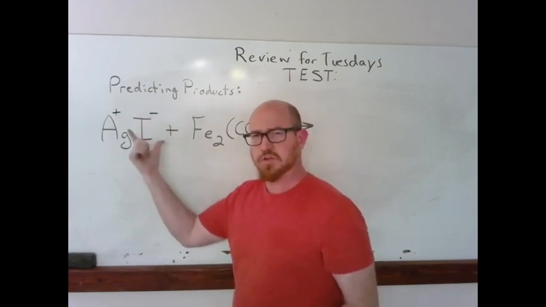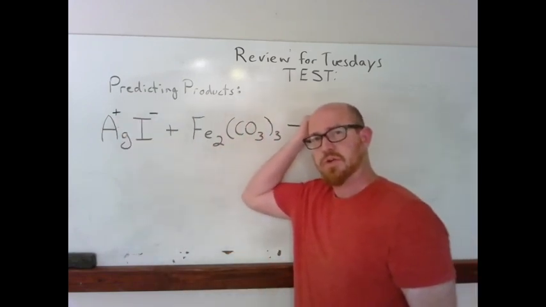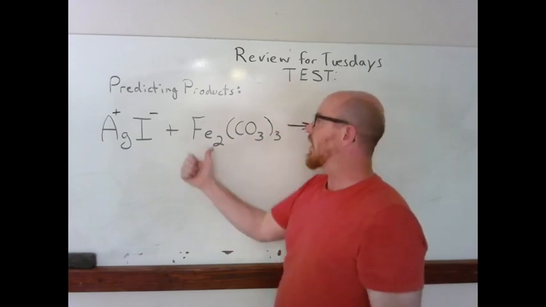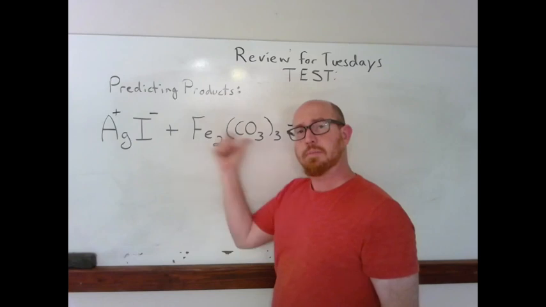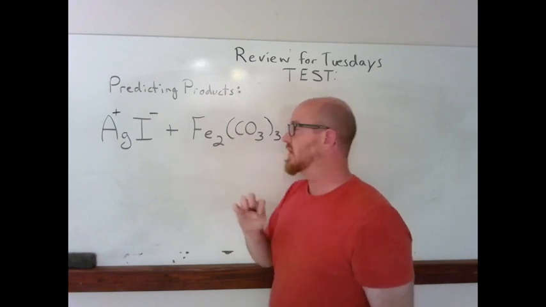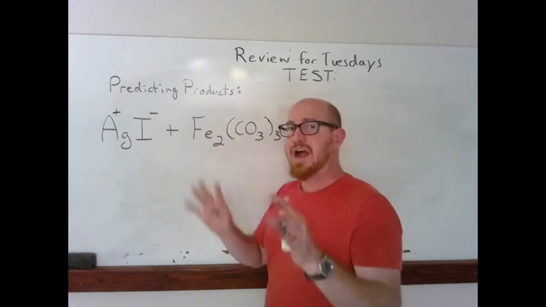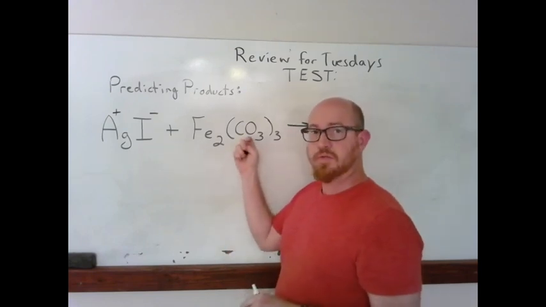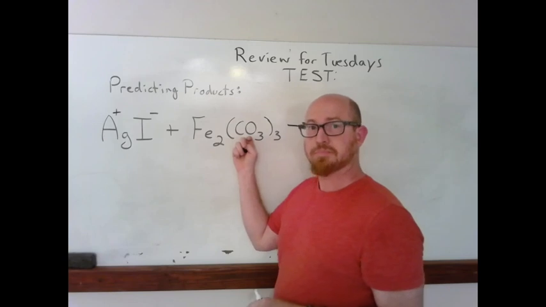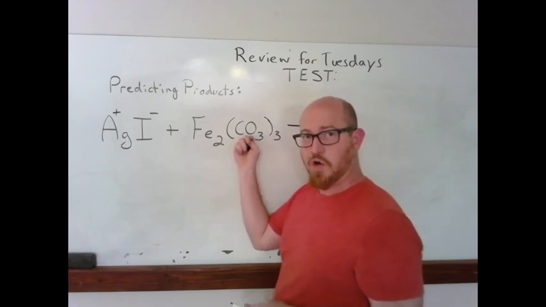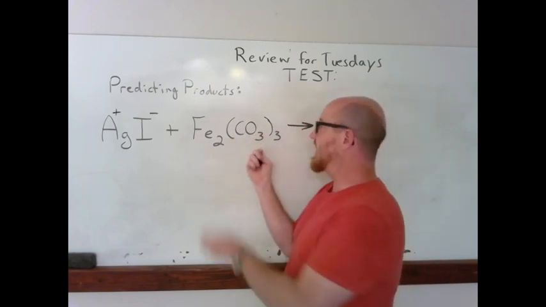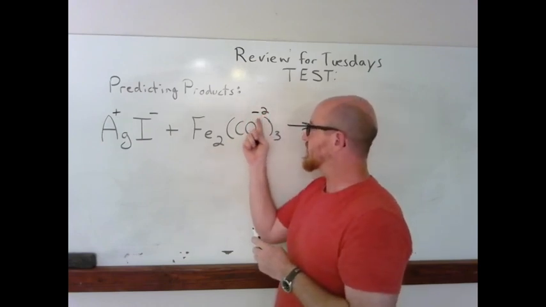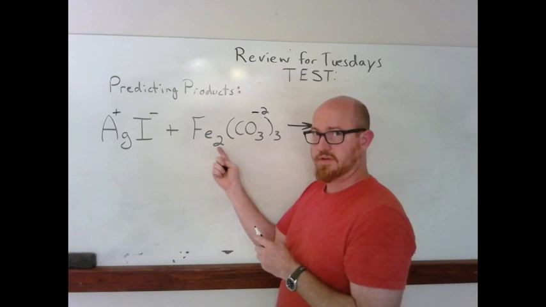It's important to know the charges because when they rearrange themselves over here, we'll need to know how many atoms we're needing to fix the charges. So over here, a little bit more complex, but not too complex. We've got iron. Now, iron has a variable charge, but we do know that its anion over here is a polyatomic. Okay, that's carbonate. CO3 has a -2 charge, and you can always check down here.